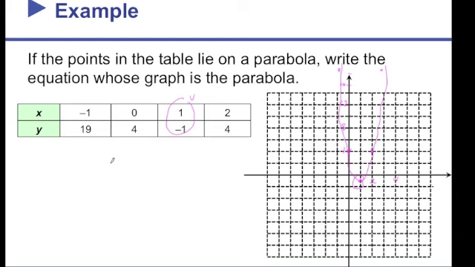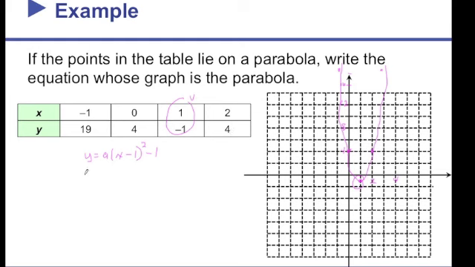So I know that y equals a times (x minus h) squared plus k. So that'd be minus 1. What I'm going to do is pick one of these other values and fill it in.